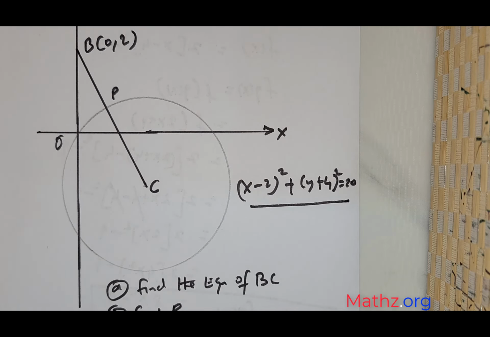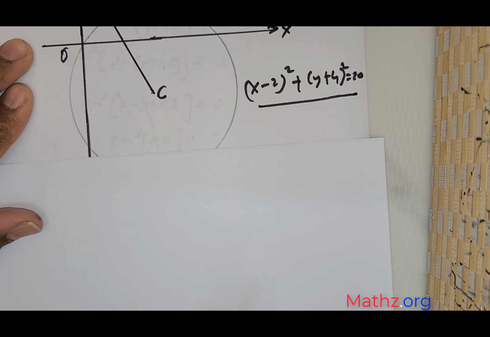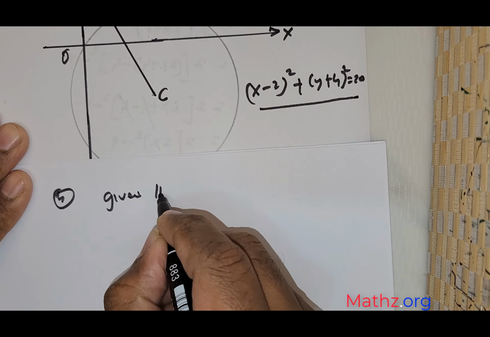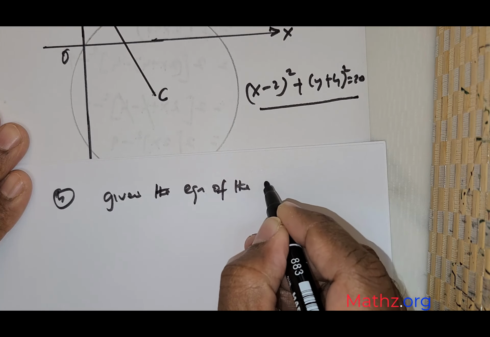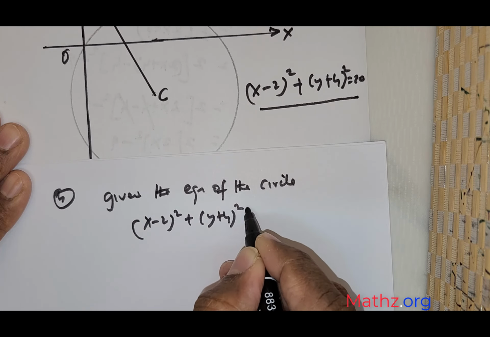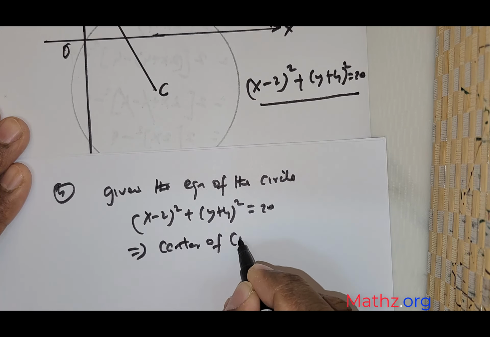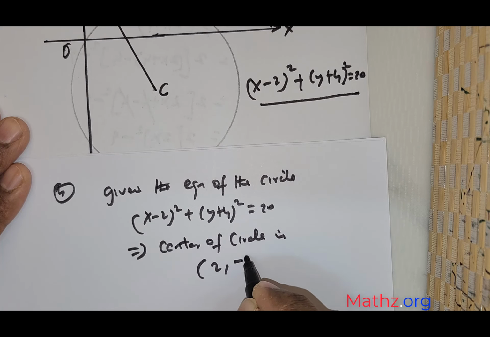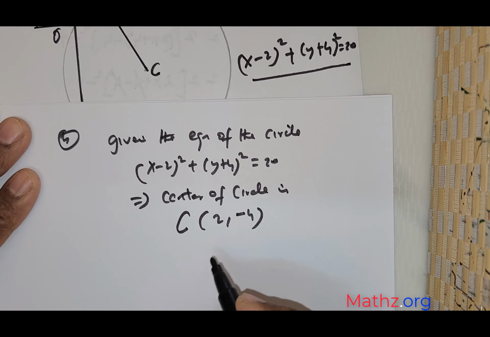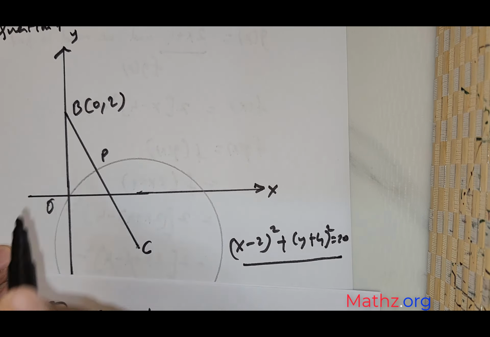So let me do this. Now the first part is, given the equation of the circle, (x - 2)² + (y + 4)² = 20. This means the center of the circle is what? (2, -4). So this means C is (2, -4).